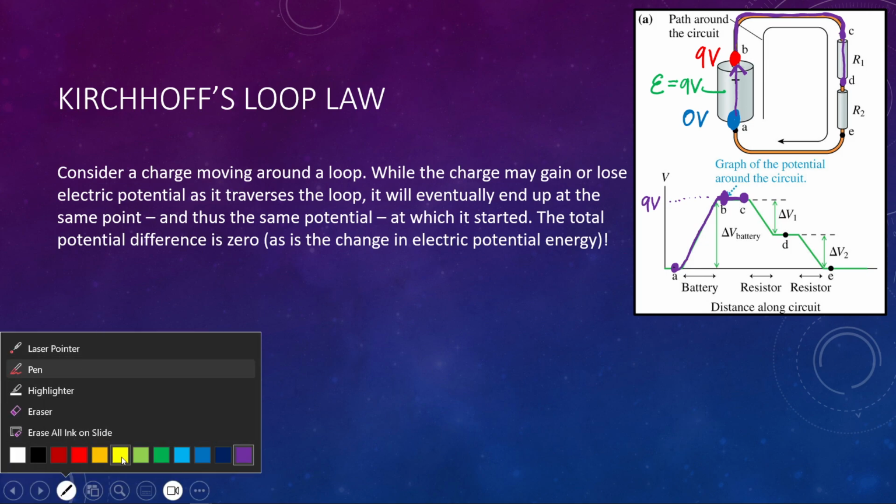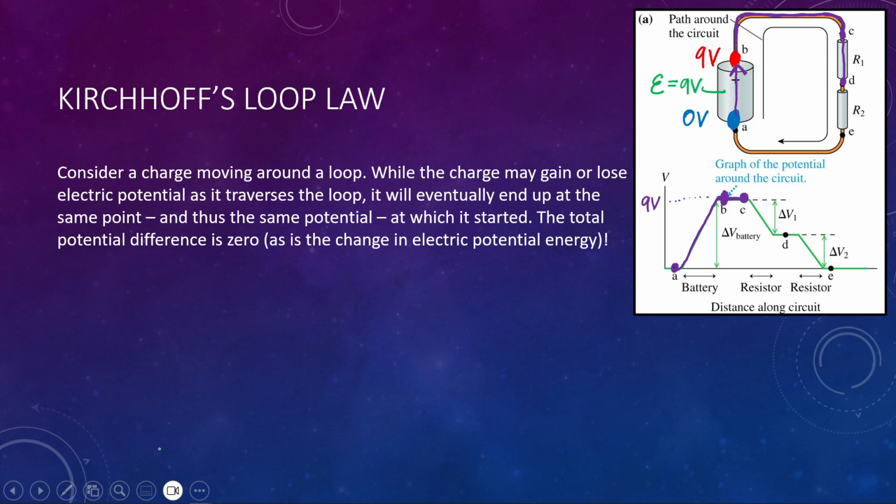In this case, because we're going to assume they're identical resistors, and there's only 2 of them in the circuit, they would drop the potential by half of the total. So if it's a 9 volt potential supplied, these would drop your potential by 4.5 volts. That's what you see in our graph. We see our potential coming down by 4.5 volts.